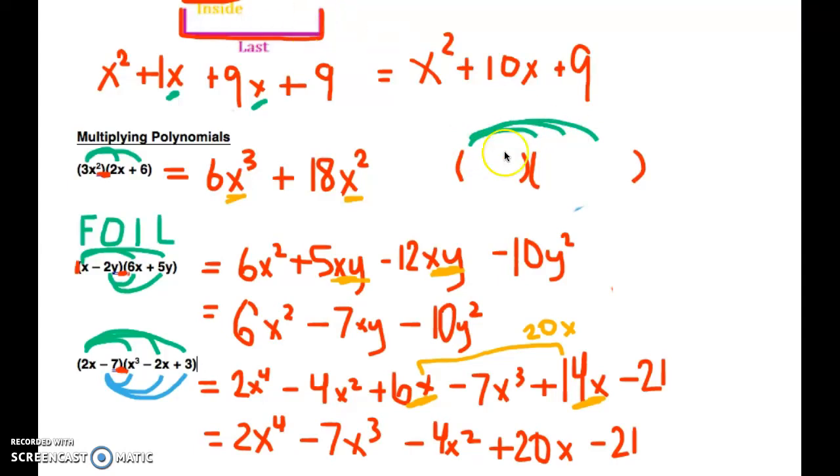You take your second term and you multiply it by everybody in the parentheses. If you have a third term, you would take that and multiply it by everybody in the second parentheses. And in this kind of an example, you would end up with 3 plus 3 plus 3. You'd end up with 9 terms that you would have to look at and see if any of them are similar and see if you can combine any of them.